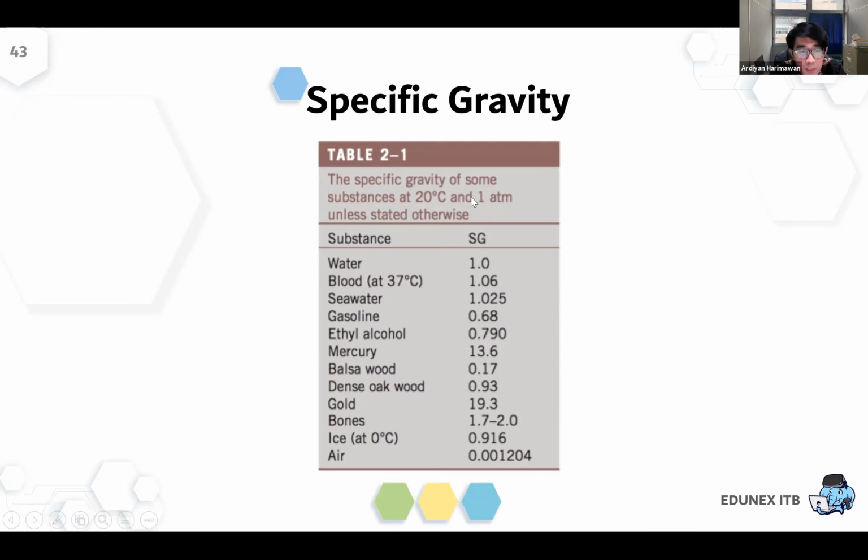It means divided by water if it is a liquid, or divided by air for a gas, at 20 C and 1 atm, unless stated otherwise. For example, this ice at 0 degrees C. If the value of specific gravity is higher than 1, the density is higher than water. If lower than 1, it means lower than water.